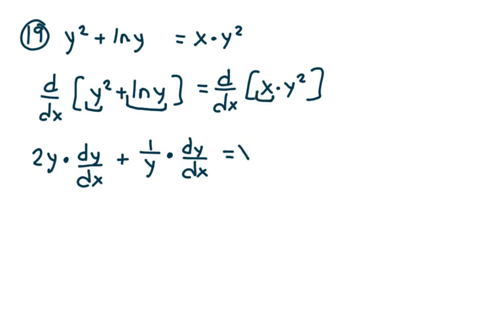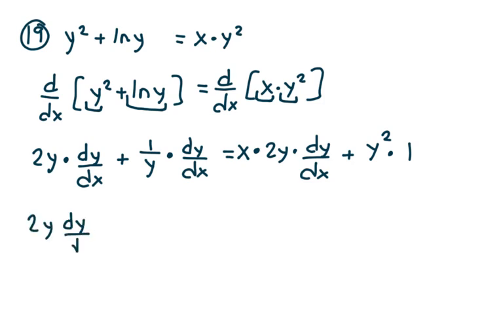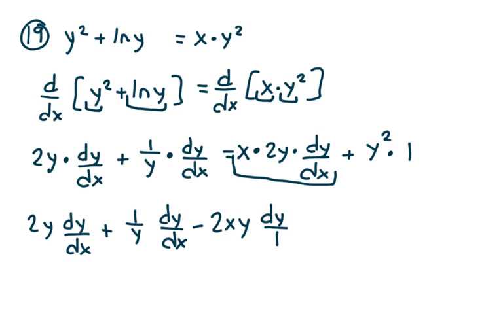So I write x times the derivative of y squared with respect to x, which is 2y times dy/dx plus y squared multiplied by 1. So I get 2y dy/dx plus 1 over y dy/dx, and then I need to move this first term over to the left-hand side. So I go minus 2xy dy/dx, and I'm going to set this equal to y squared.